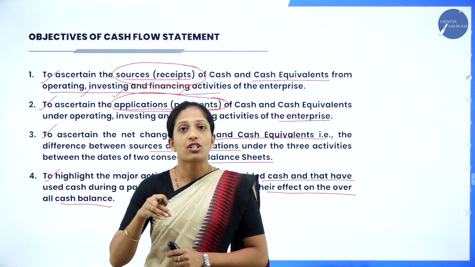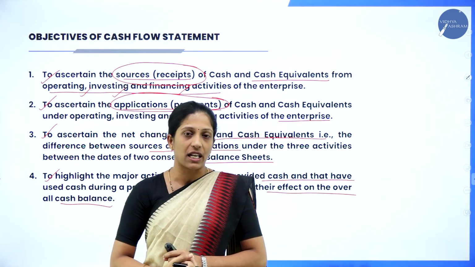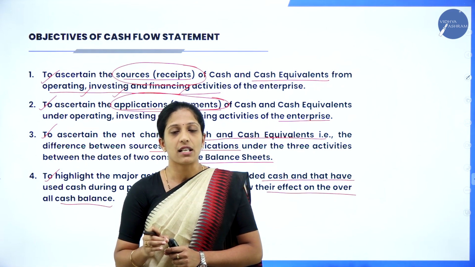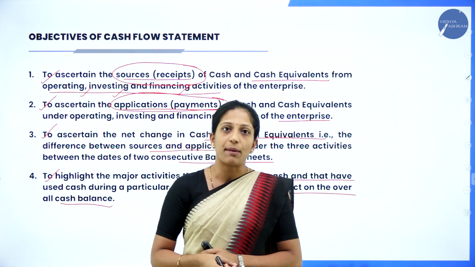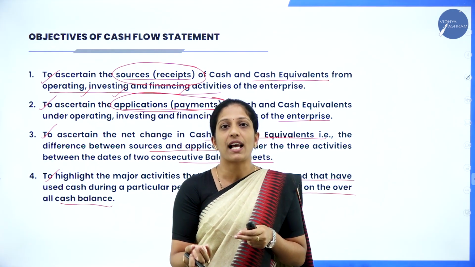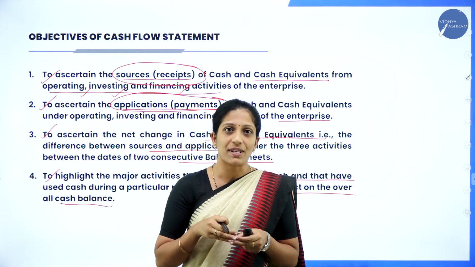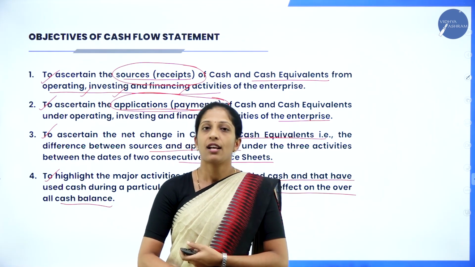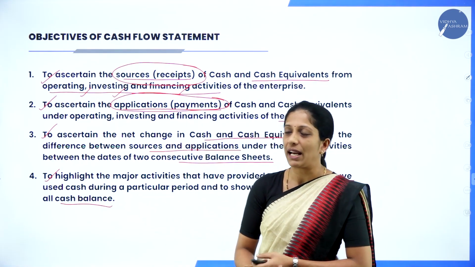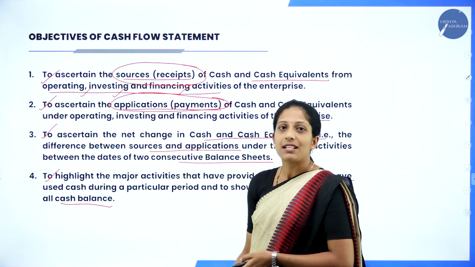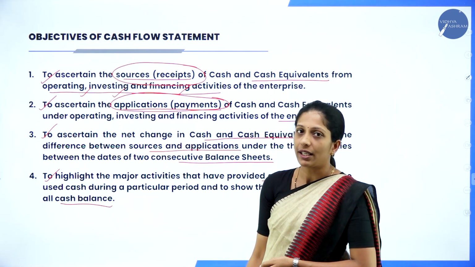Suppose more cash is being involved in the operating activities or whether the cash receipt is more under investing activities. So such type of comparison can be made. So which is a major source where we have invested as well as where we can get cash from the business as well as where the cash outflow is more from the business. So such comparison can also be made by the preparation of cash flow statement. So hope you have understood these are the objectives of preparing cash flow statement.